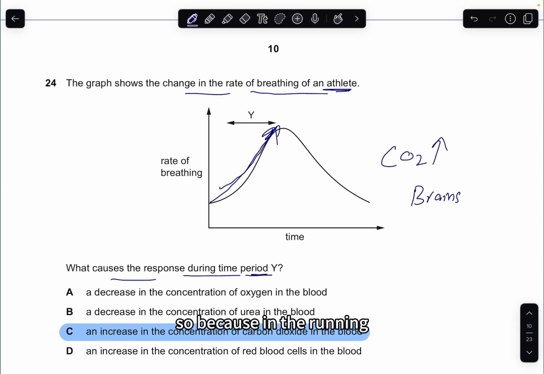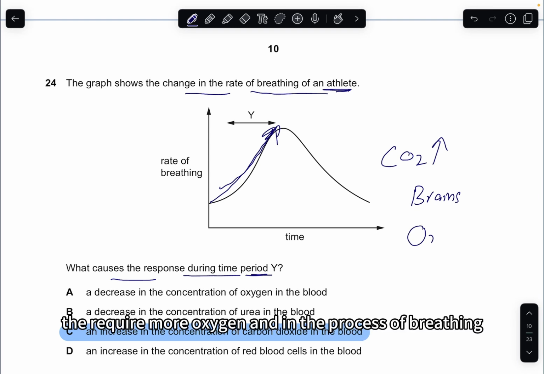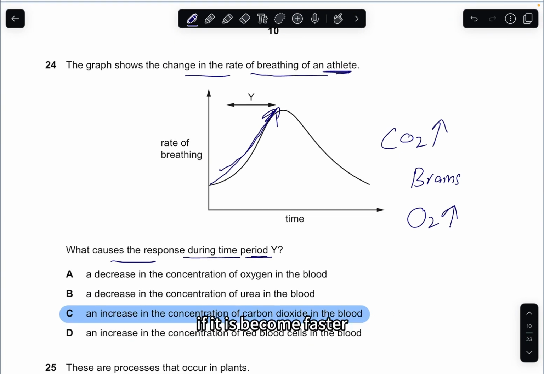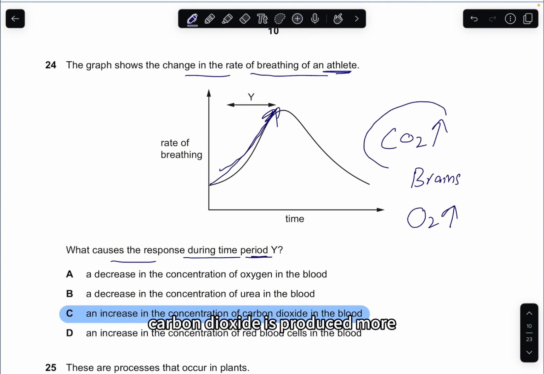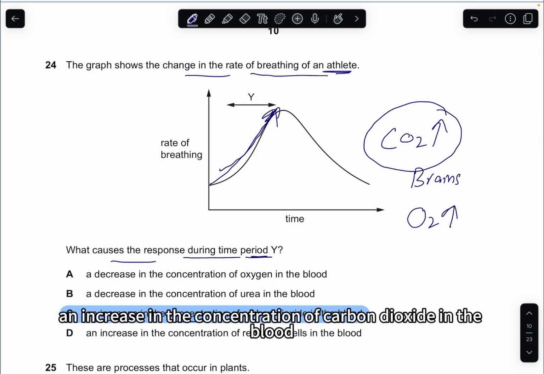During running the muscles need more energy, so there is a lot of oxygen consumption and more carbon dioxide is produced. So the answer is C, an increase in the concentration of carbon dioxide in the blood.